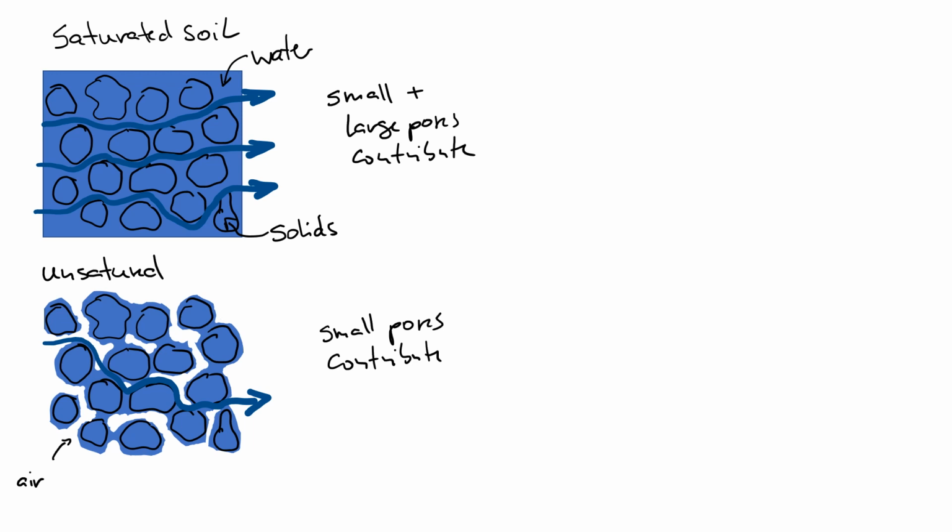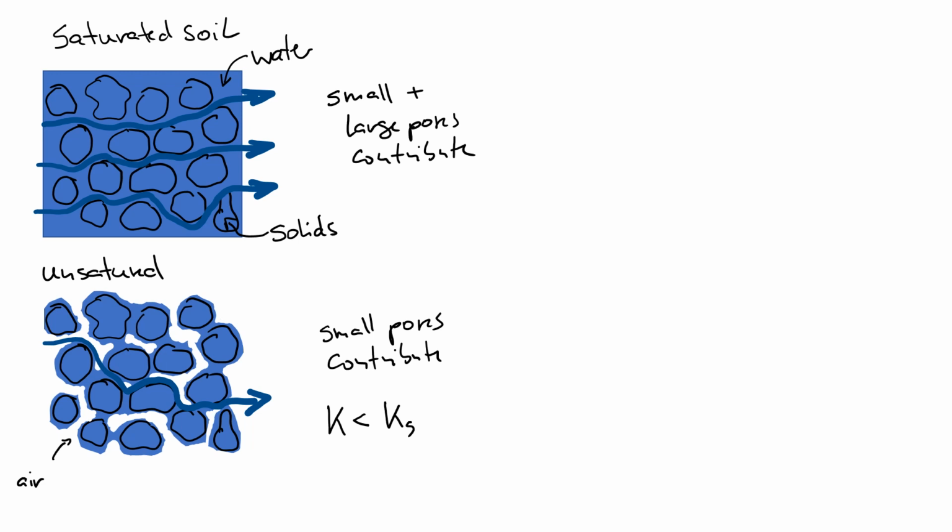The other thing that happened is that the flow path has become longer and more tortuous. And it is because of these two effects that the hydraulic conductivity, K, must be much smaller than the saturated hydraulic conductivity.